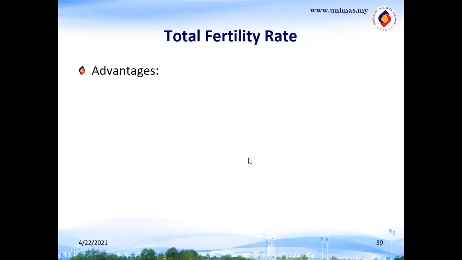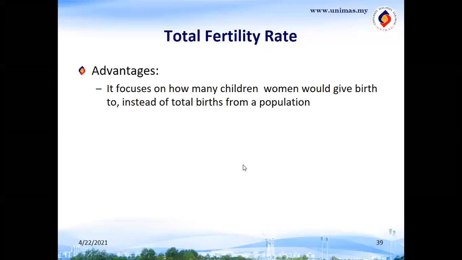Okay, so just to touch on that a bit. Okay, going back to total fertility tadi, the advantages of having total fertility rate is that it focuses on how many children women would give birth to instead of the total birth from population. Jadi itu spesifik lah, lebih merujuk kepada seorang wanita atau perempuan. Ya.